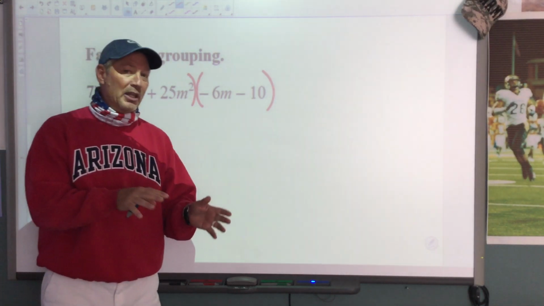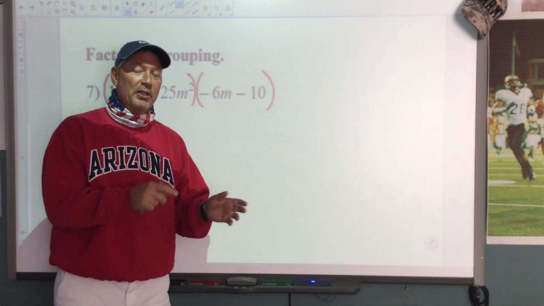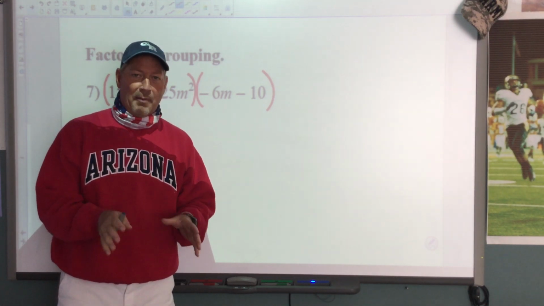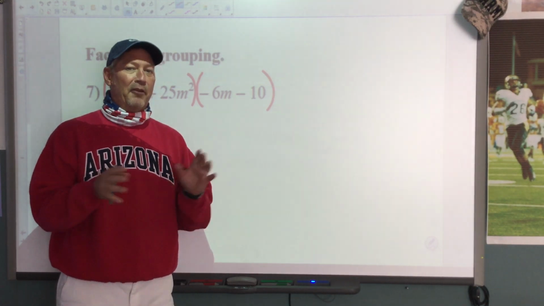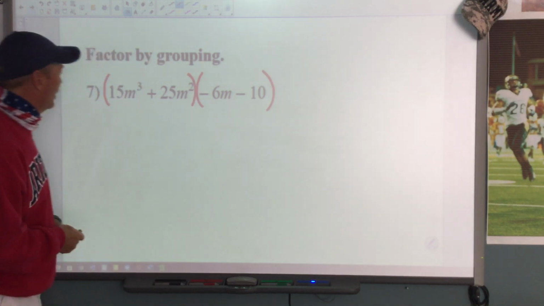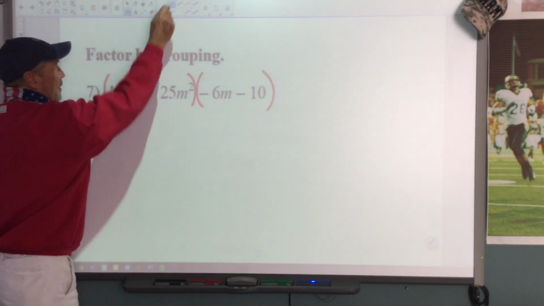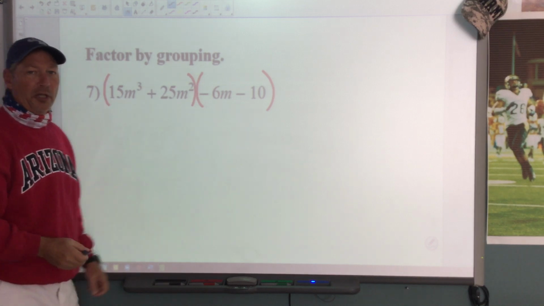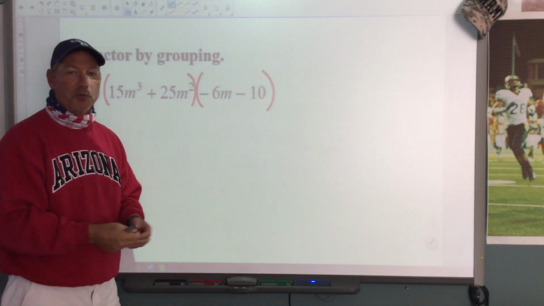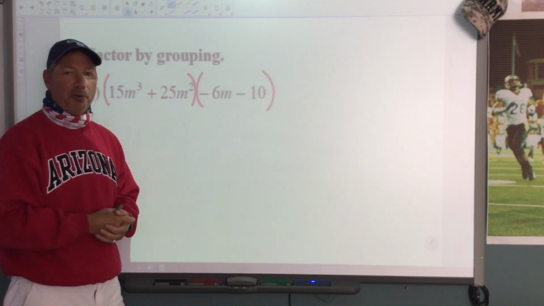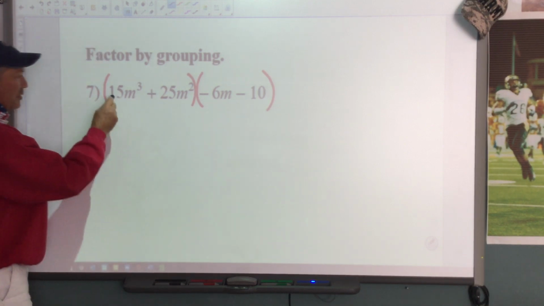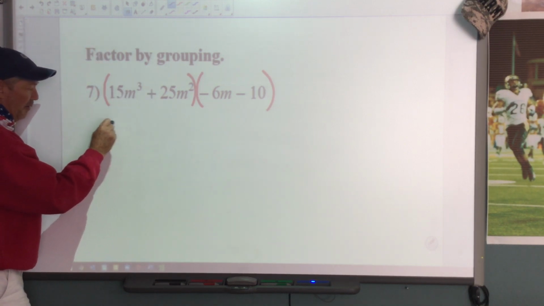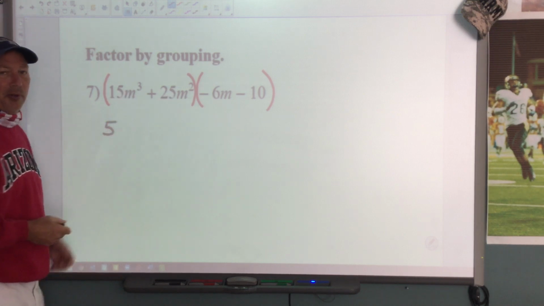And now, just like on the previous worksheet we did, we're going to take out the greatest common factor. We're going to look for numbers and variables that they have in common. So in this problem, I have 15 and I have a 25. We're looking for the biggest number that goes into both of those 2 terms. And we're going to say 5. 5 goes into both of these numbers.